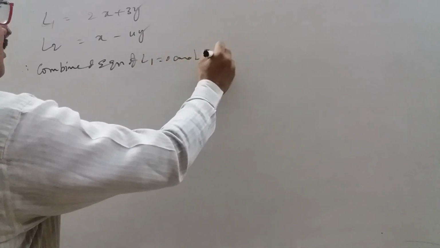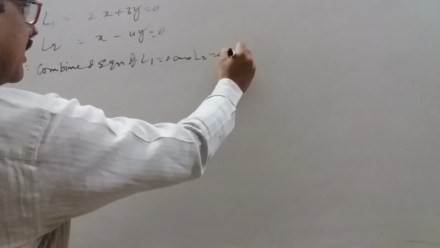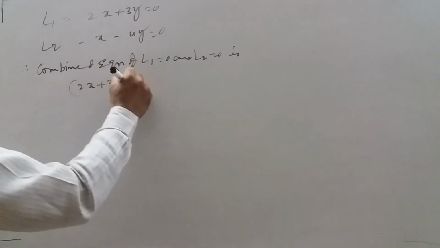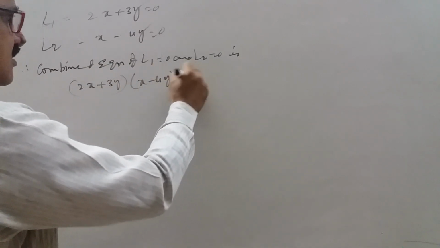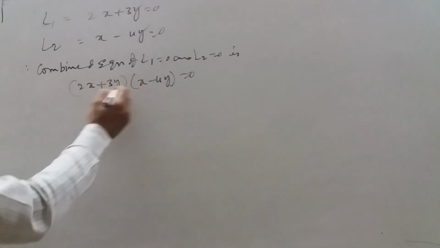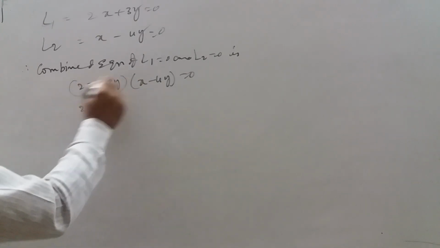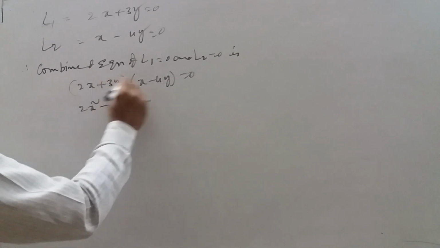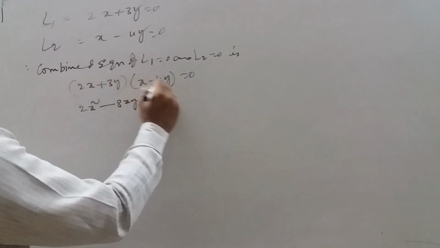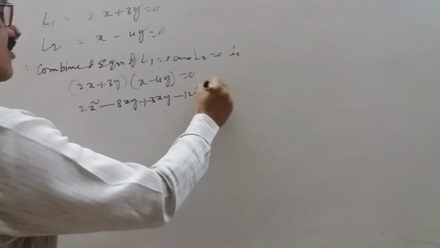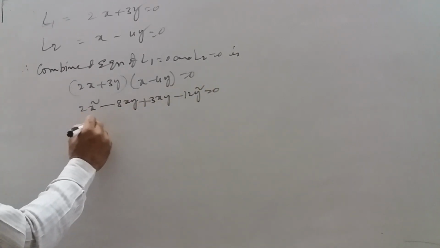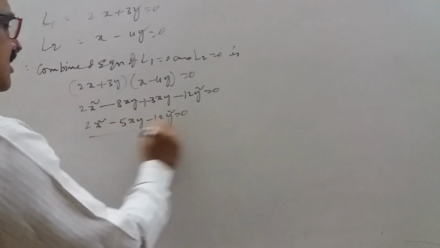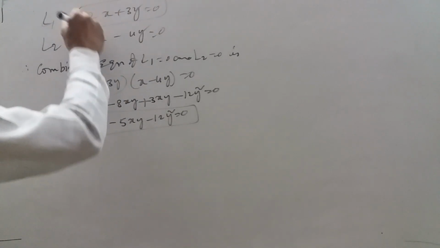Therefore, the combined equation is the product (2x plus 3y) into (x minus 4y) is equal to 0. If we simplify, 2x square, 2x into minus 4y is minus 8xy, plus 3xy, and 3y into minus 4y is minus 12y square, equal to 0. So 2x square minus 5xy minus 12y square is equal to 0. This is the combined equation of these two straight lines.